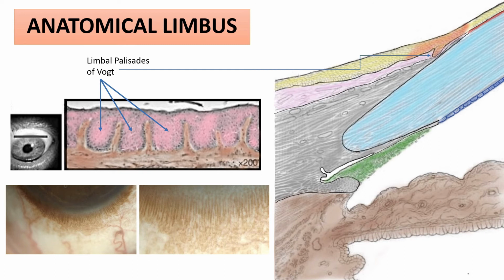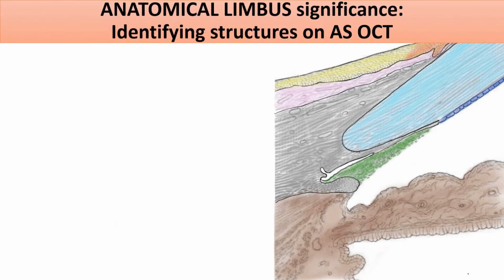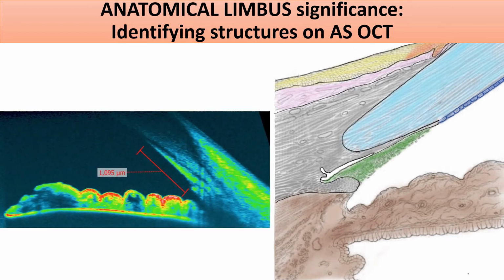But one important clinical application for us is in identifying the landmarks on anterior segment OCT images, because nowadays anterior segment OCT images are used to grade the anterior chamber angle. So just let us see how knowing the boundaries of the anatomical limbus helps in that regard. Now look at this anterior segment OCT image showing the angle and the limbus, and let us compare the landmarks between the OCT image and the image that we have already seen.